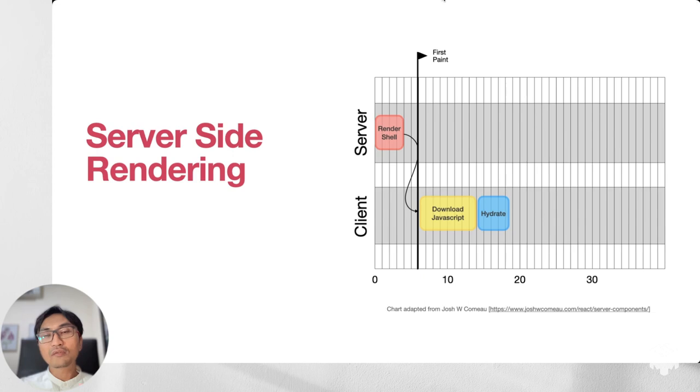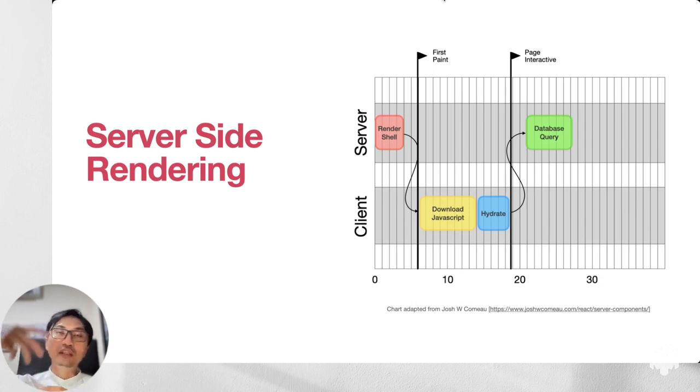It will download the JavaScript, and after the JavaScript is done downloading, it will use a method called hydration to hydrate the shell that we have using the content from the server. The server will do the database query and so on, and then the content will be rendered.